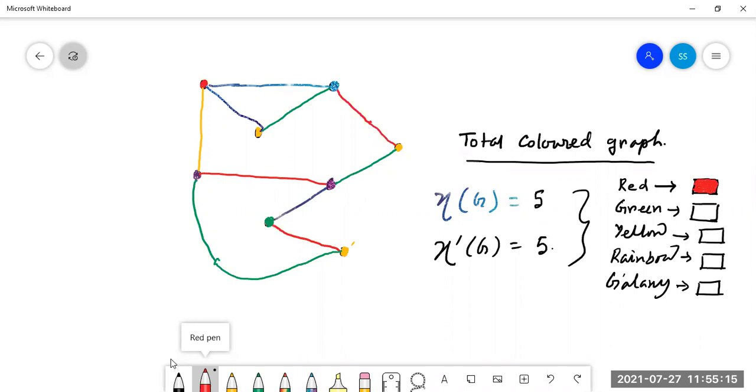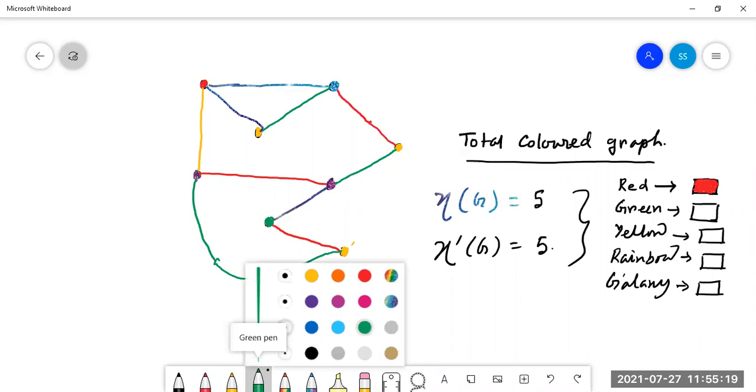This is the red. Then we go for the green. So for total coloring of the graph, these all are required.